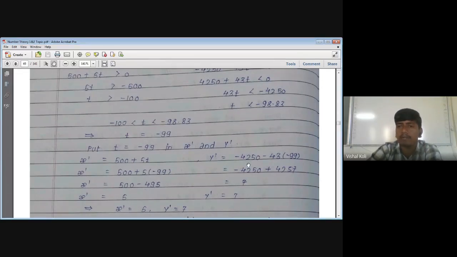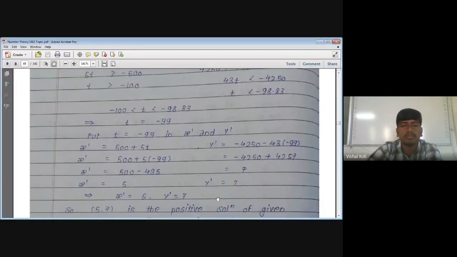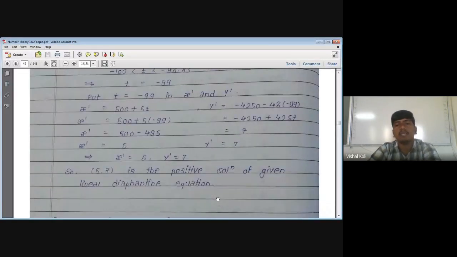And y dash is nothing but minus 4250 minus 43 into minus 99, which is nothing but minus 4250 plus 4257. Minus 4250 plus 4257 is nothing but 7. Therefore, here we get the value of x dash as 5 and y dash as 7, and both are positive. Therefore, the given linear Diophantine equation has a solution, and the solution is positive.